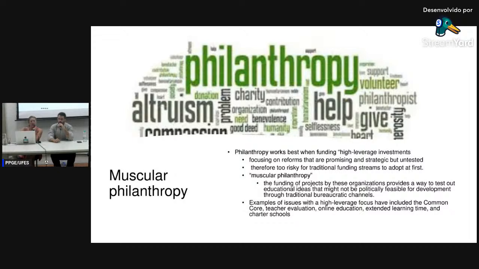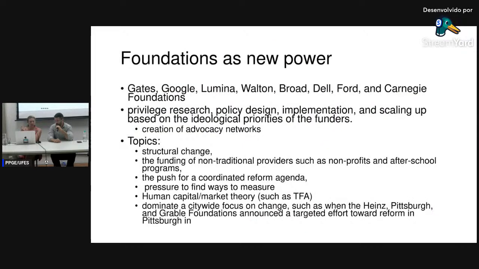So the other names in addition to Gates that really focus on education are Google, Lumina, Walton, which is Walmart, Broad, Dell Computers, Ford Cars, and Carnegie Foundations. And this is kind of a bigger list of things that they do, but really focused on change in a very structural way and are more powerful than governments right now.